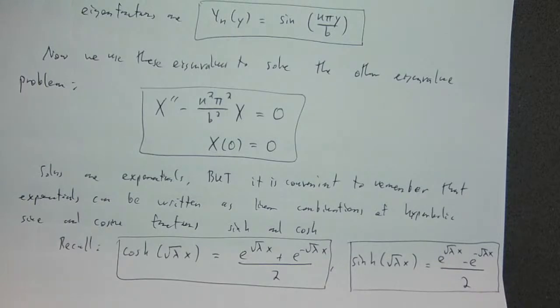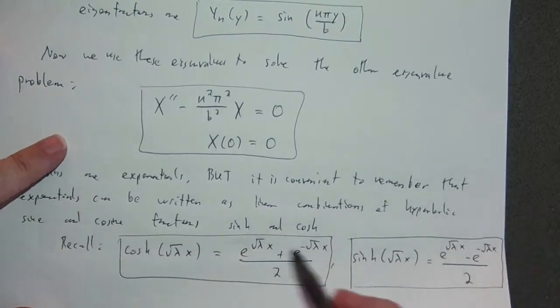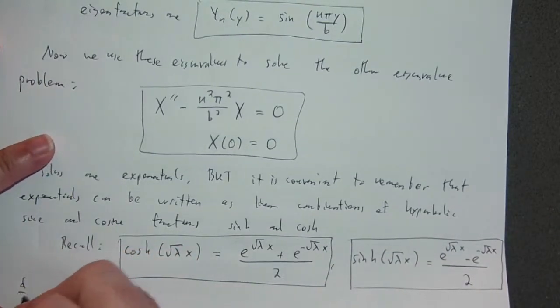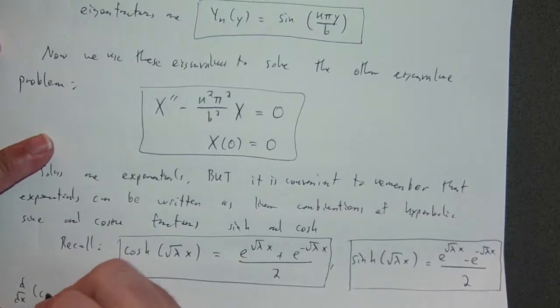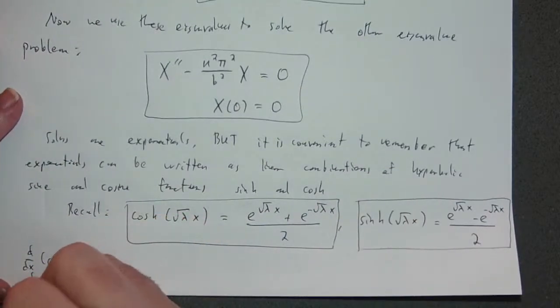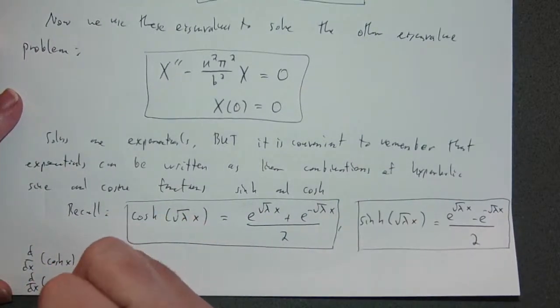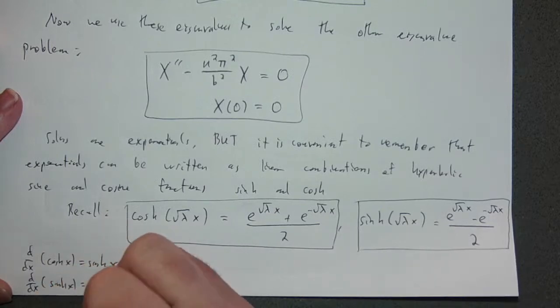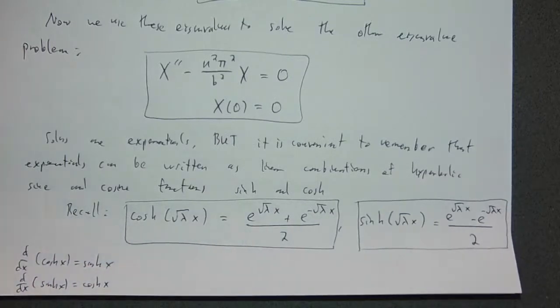The really nice thing, of course, is that the derivative of cosh x is sinh x, and the derivative of sinh x is cosh x. No need to remember a minus sign here. Of course, you could just check that directly.